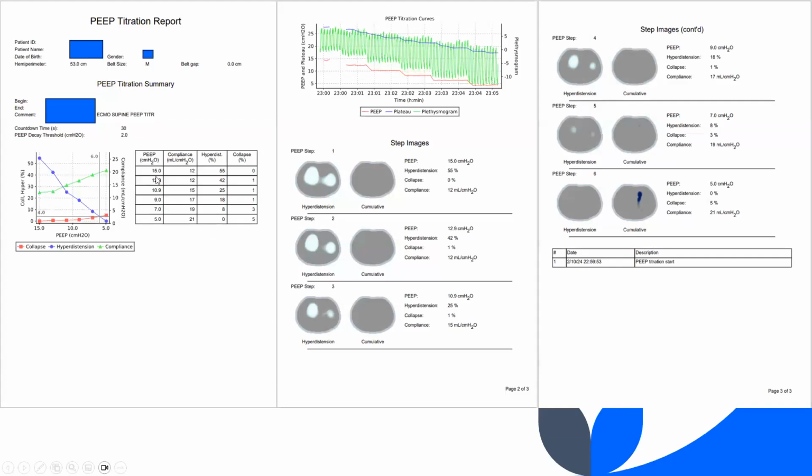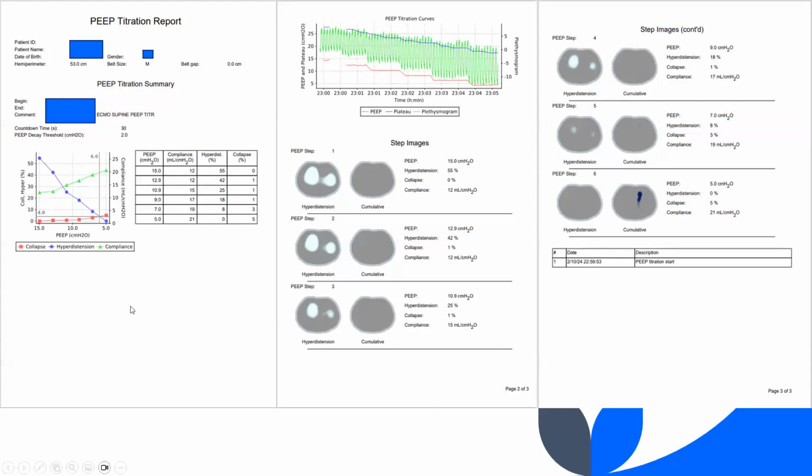You can also see that you've got a table over here with your PEEP setting. Every time that you're turning down your PEEP, you see your compliance, your hyperdistension and collapse, and then these different images. For our next slides, when we get to our graphs and reports, I don't have a full page set out like this.